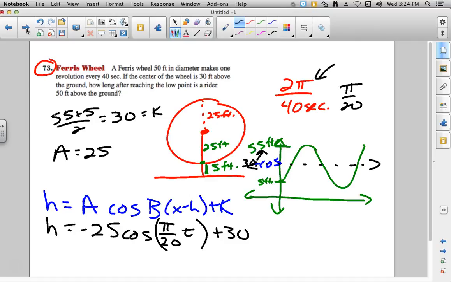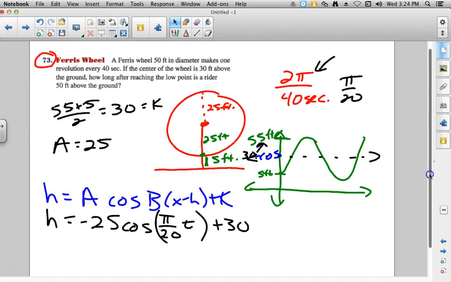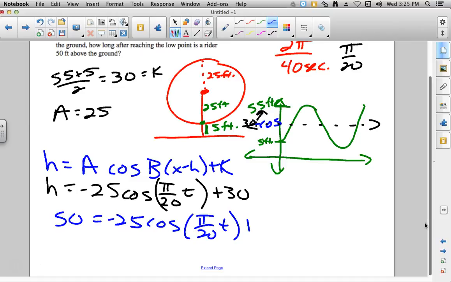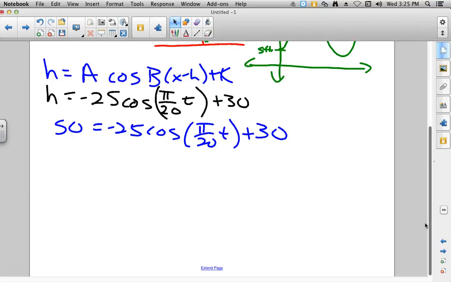Now their question was, how long after reaching the low point is the rider going to be 50 feet above the ground? Well, 50 feet is h. Like so. And you could certainly graph it right at this point. I guess it kind of drove me nuts to see all of these numbers on here, so I simplified it a little first.